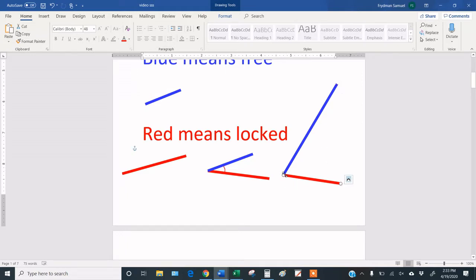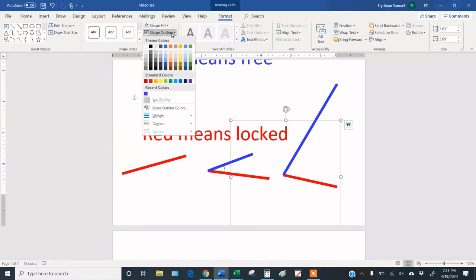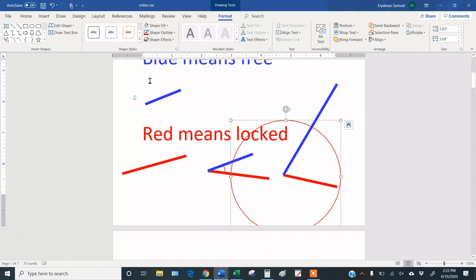And even though this side is drawn in red, I can change the rotation of it. I'm not allowed to change how long it is because it's drawn in red, but I am allowed to move it around like this as long as I'm careful and I make sure that I don't change how long it is. So if you like, you can imagine that there is a circle around that red line.